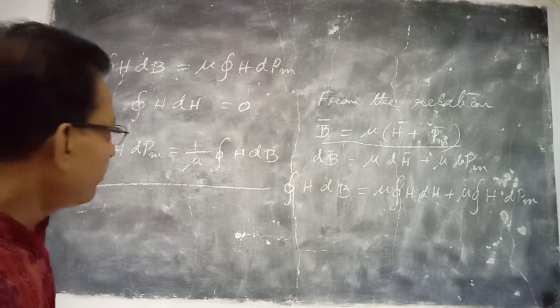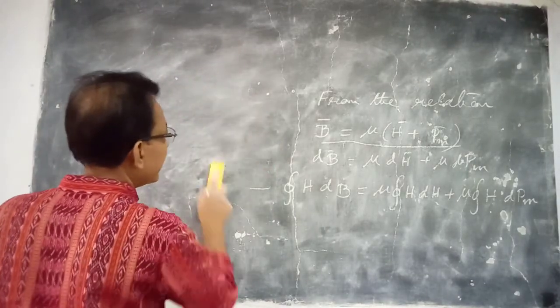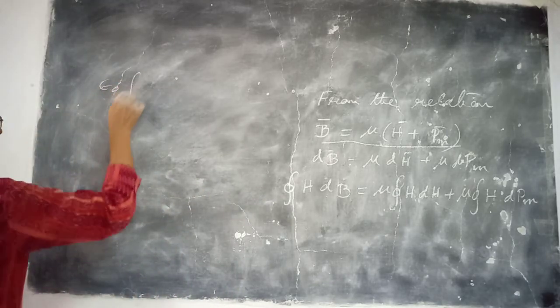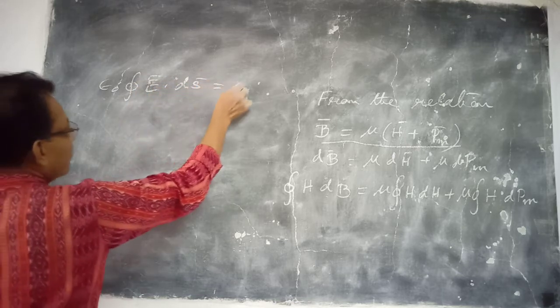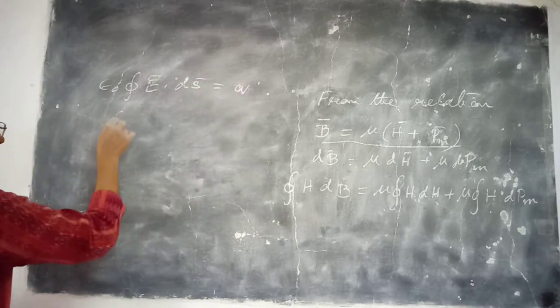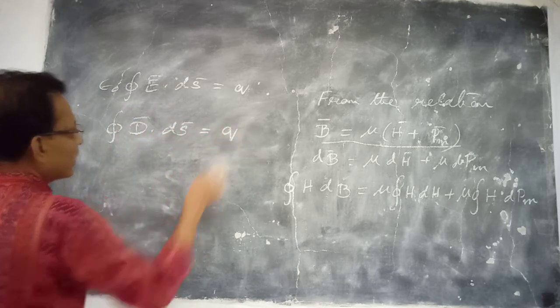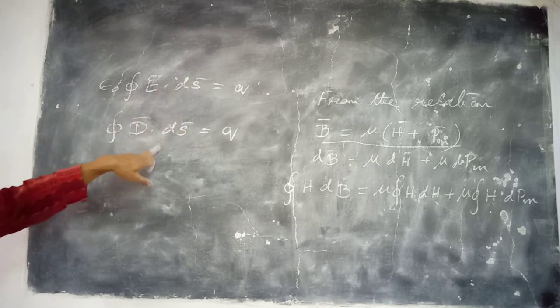As you know, we write Gauss's law in this form, epsilon 0 E dot ds is equal to q, and another we write D dot ds is equal to q. This is Gauss's law in absence of dielectric material, and this is Gauss's law in presence of the dielectric material.